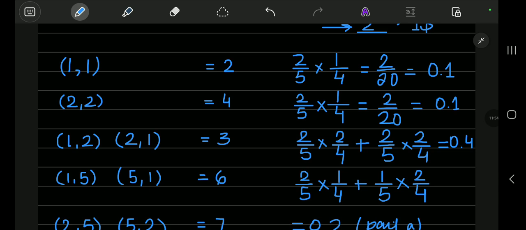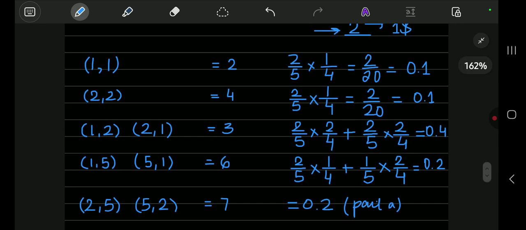Then again, 2 over 5 times 1 over 4 is 1 over 10 plus 1 over 10, and that is 2 over 10, and that is 0.2. Last is also 0.2.